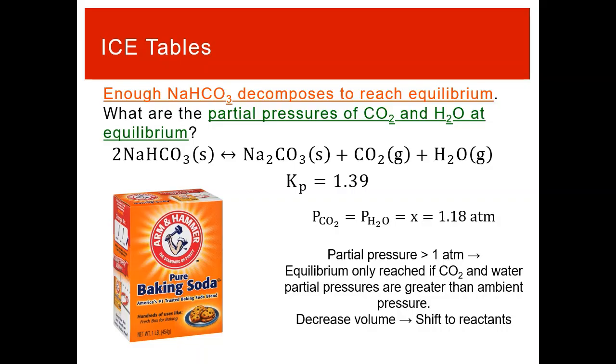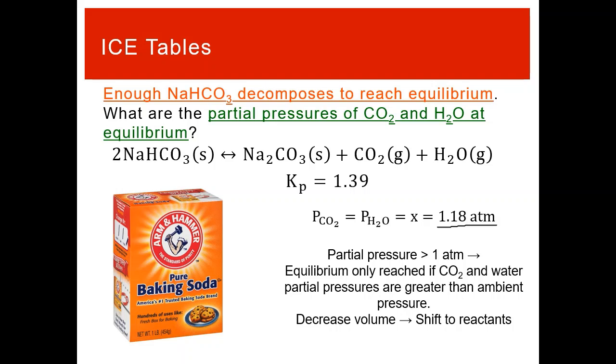So NaHCO3 is baking soda. And so what this says is that spontaneously, baking soda does just decompose into sodium carbonate, CO2, and H2O. These pressures that we get, 1.18 atmospheres for CO2 and H2O, may seem kind of small. But we have to remember that these are partial pressures of just those gases, and ambient pressure is 1 atmosphere.